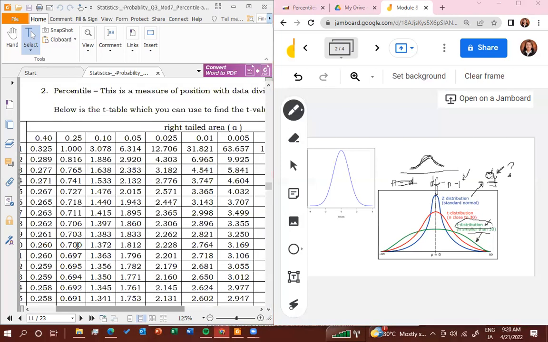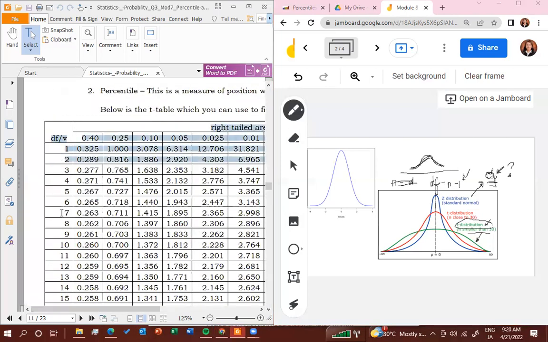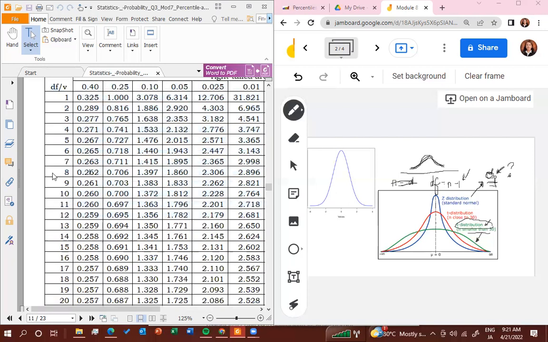Kung ang Z table kay we are asked to look for the area under a curve. Sa ato in order to look for the T value, kailangan define ang ato ang degrees of freedom. So the degrees of freedom is just the sample size minus 1.